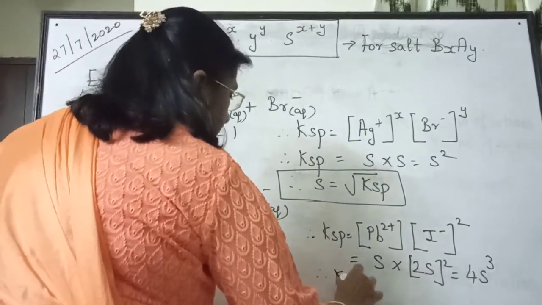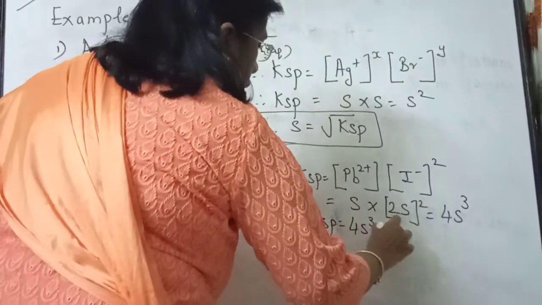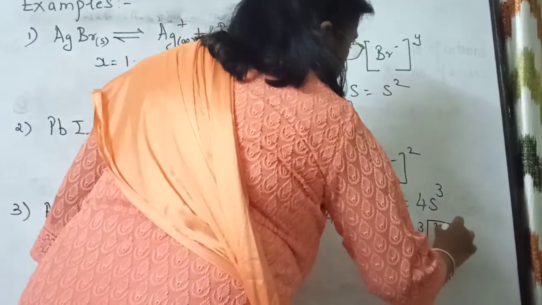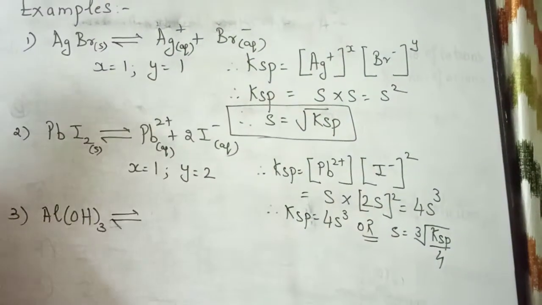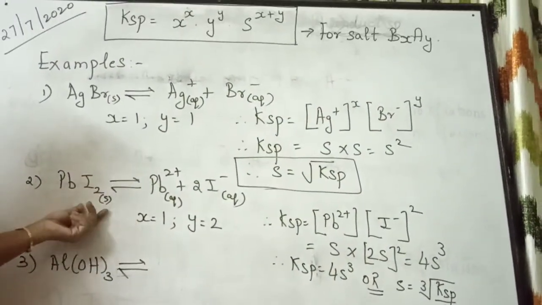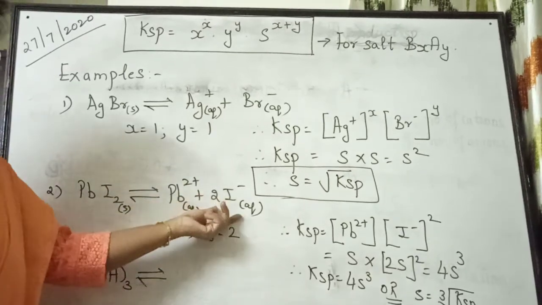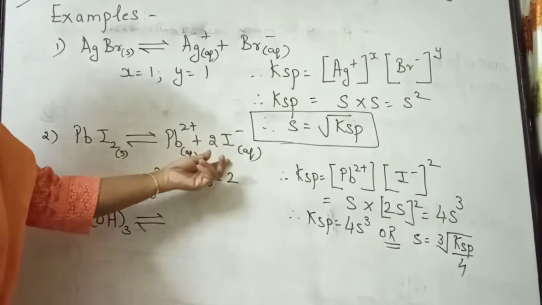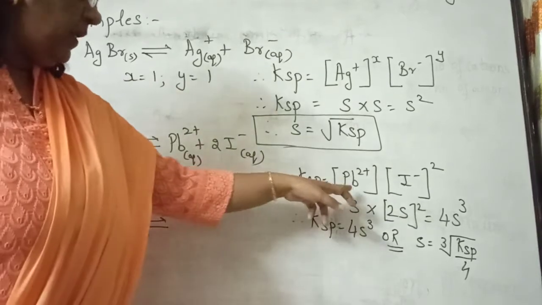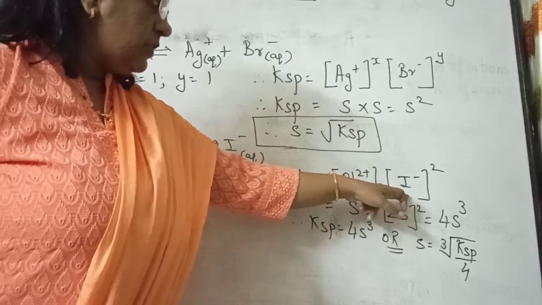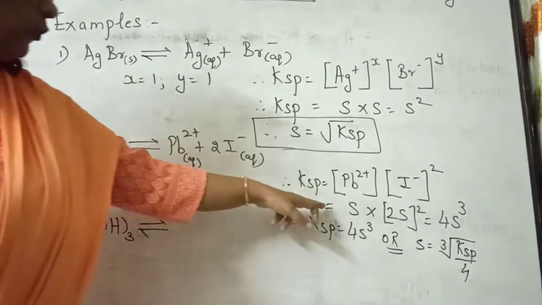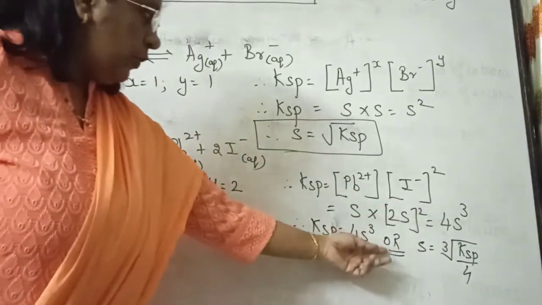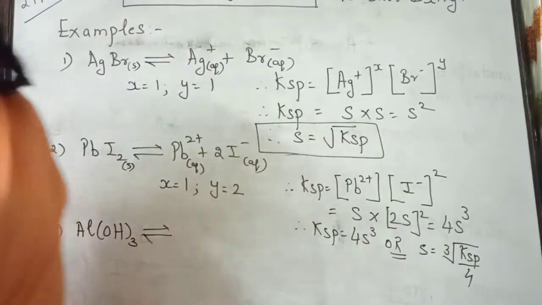Therefore, Ksp is equal to 4S cube, or S will be equal to cube root of Ksp upon 4.